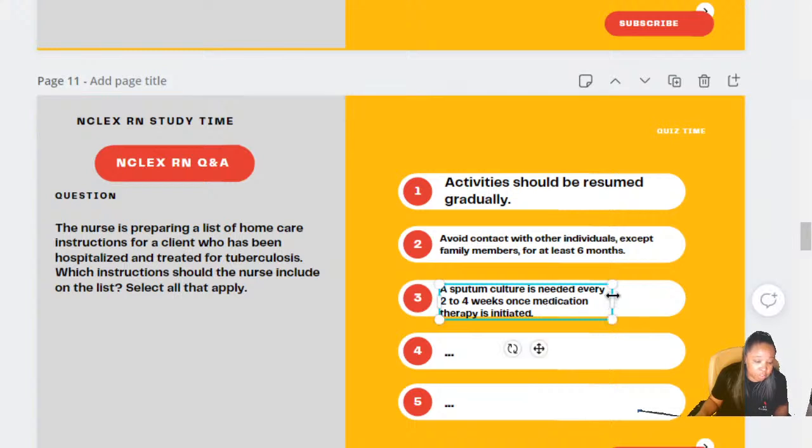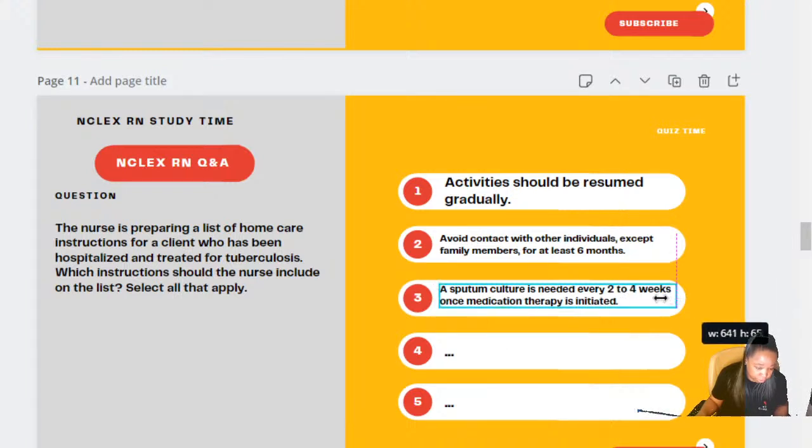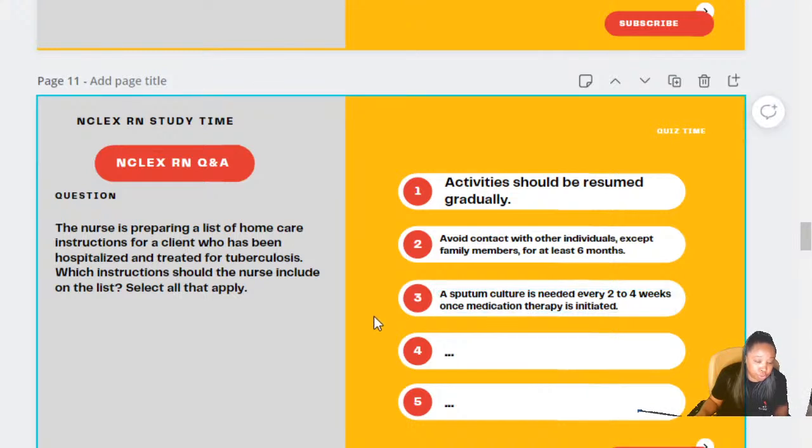This one is mostly done by respiratory therapists. They have to do sputum culture every 2 to 4 weeks once medication therapy is initiated.